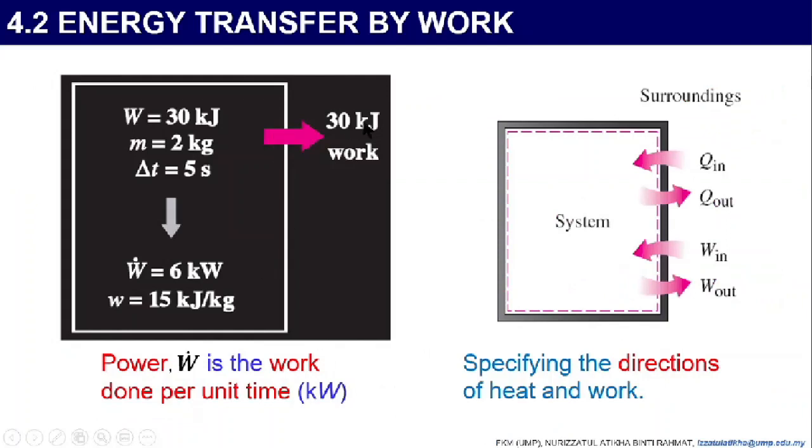So we have 30 kilojoule of work happening in the system. Sometimes we also specify the direction of heat and work. Let's say in the system both energy transfers happen, heat and work. We can put the direction, either in or out.